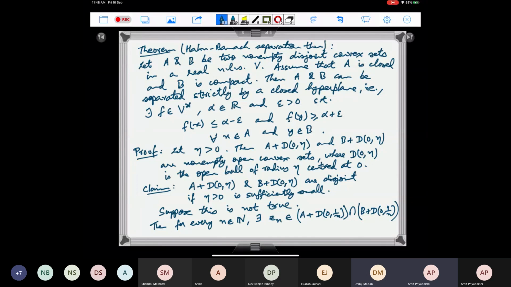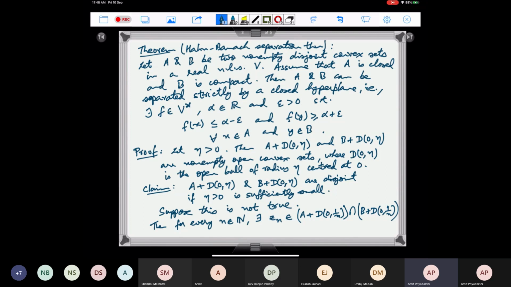See, in general, in a Hausdorff topological space, if you have a closed set and a compact set, then you can separate them by open neighborhoods. That is the usual thing, if you have seen it in topology.